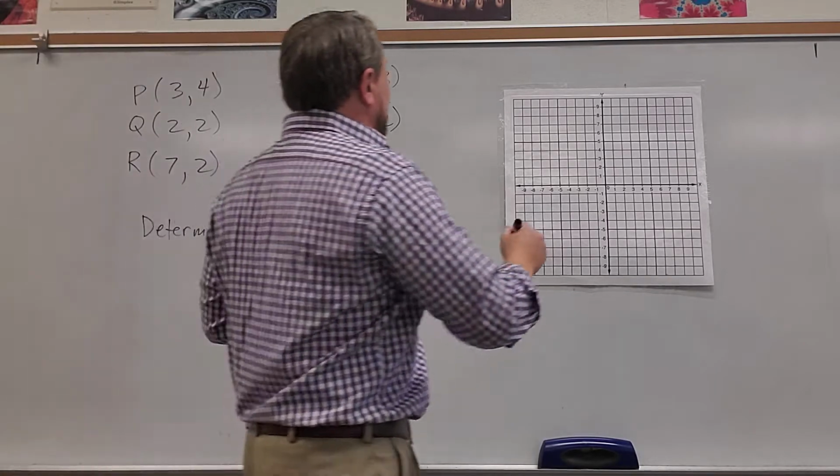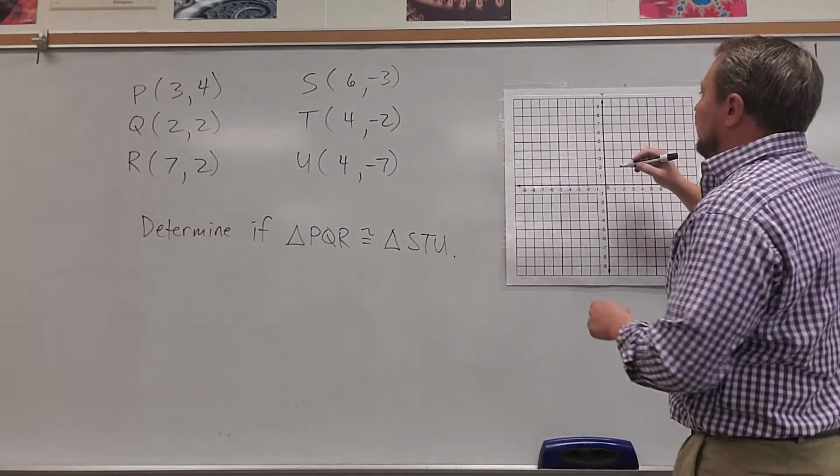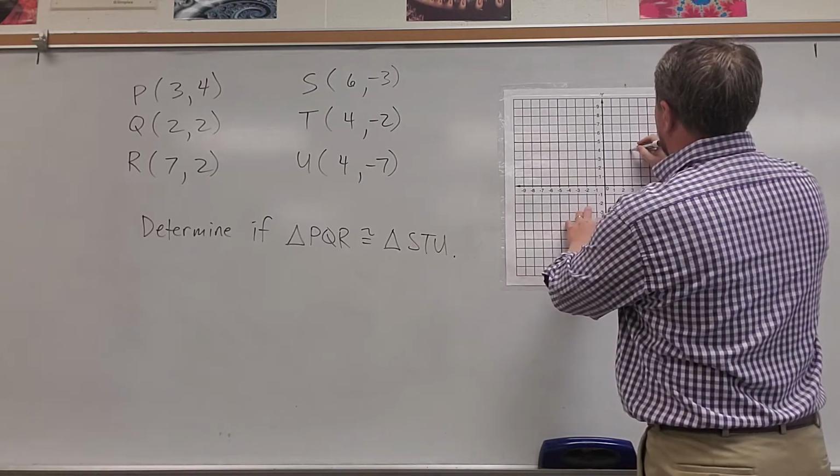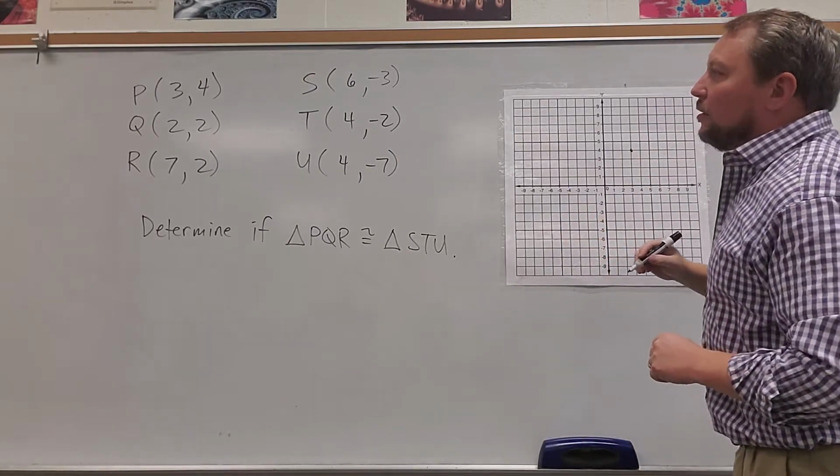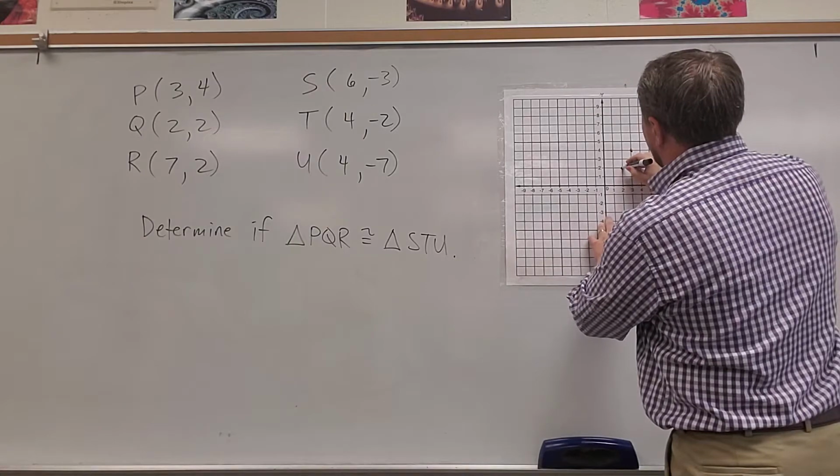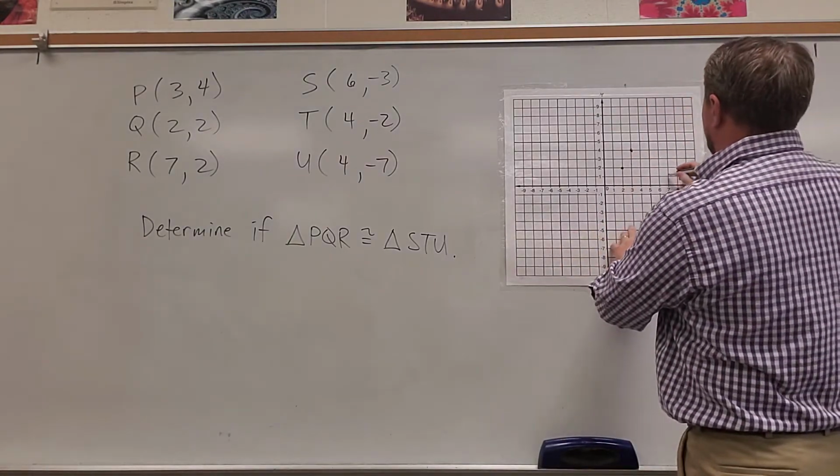Okay, so if we plot them out over here, we got 3, 4 is right there, 2, 2, 7, 2.